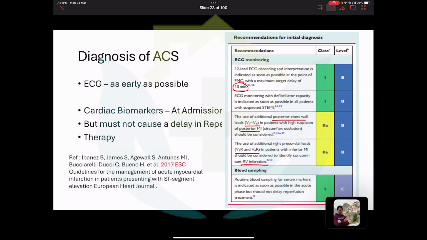So posterior AMI usually will also have features of inferolateral AMI, so the changes will also be there in lead 2, lead 3, as well as in lead 1 and aVL. And in the RV infarct, yes, if you put in V3R or V4R, there will be ST segment elevations, but the ST depression is also present in V1, V2. So from there you can get an idea. We shall discuss it in the ECG parts.